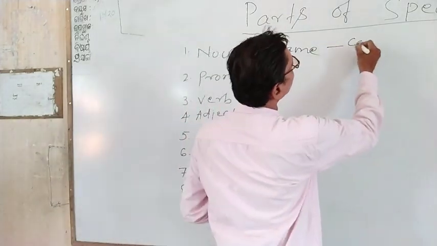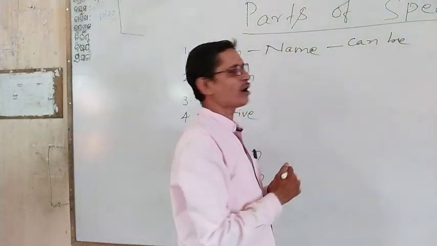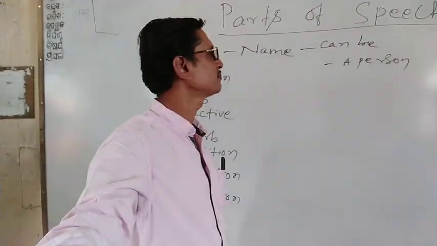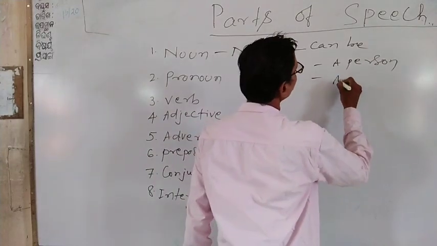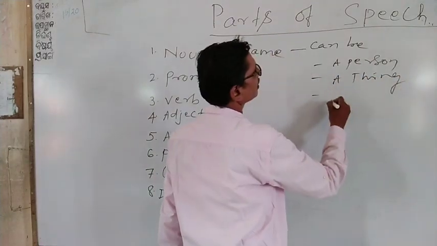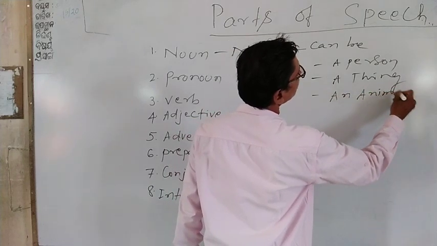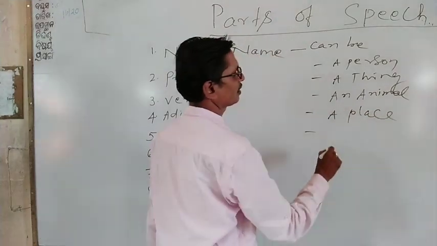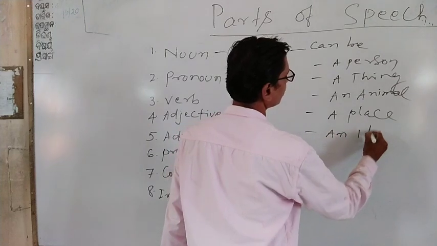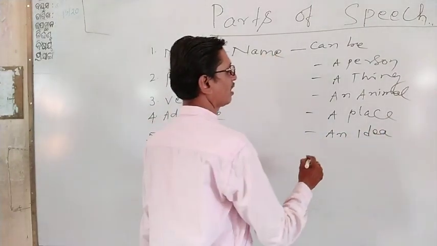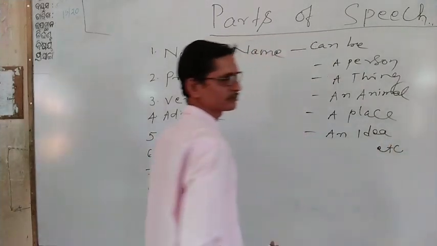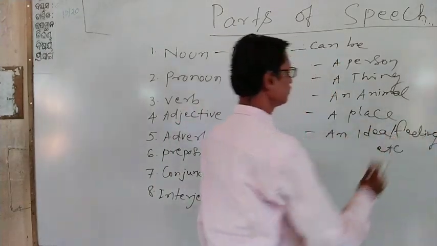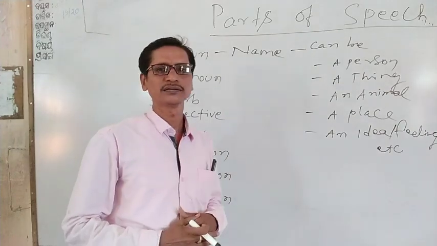The name can be the name of a person, a thing, an animal, a place, an idea, etc. Or feelings also are nouns.